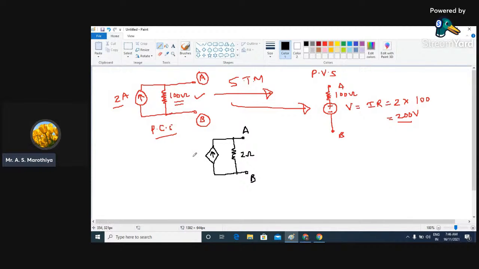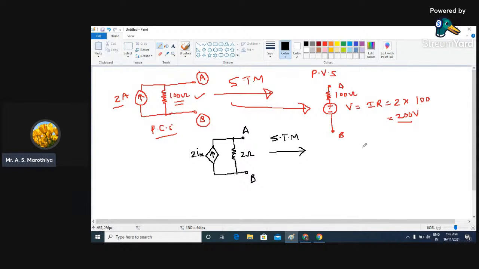You can take any value. Suppose I take this as 2 of ix. So this is nothing but a current controlled current source. And suppose if you want to represent this as an equivalent voltage source using the source transformation method or source transformation technique, then how to apply that logic?